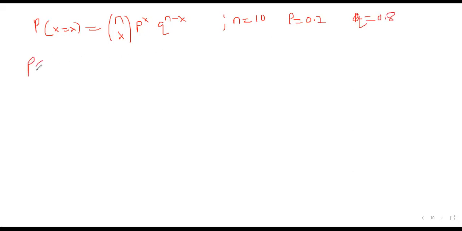So the probability x is equal to 0: you have 10 combination 0, our p is 0.2, our q is 0.8. So the 0 comes on top of this one, the remainder 10 minus 0 comes on this one. The 2 must add up with the top one there.